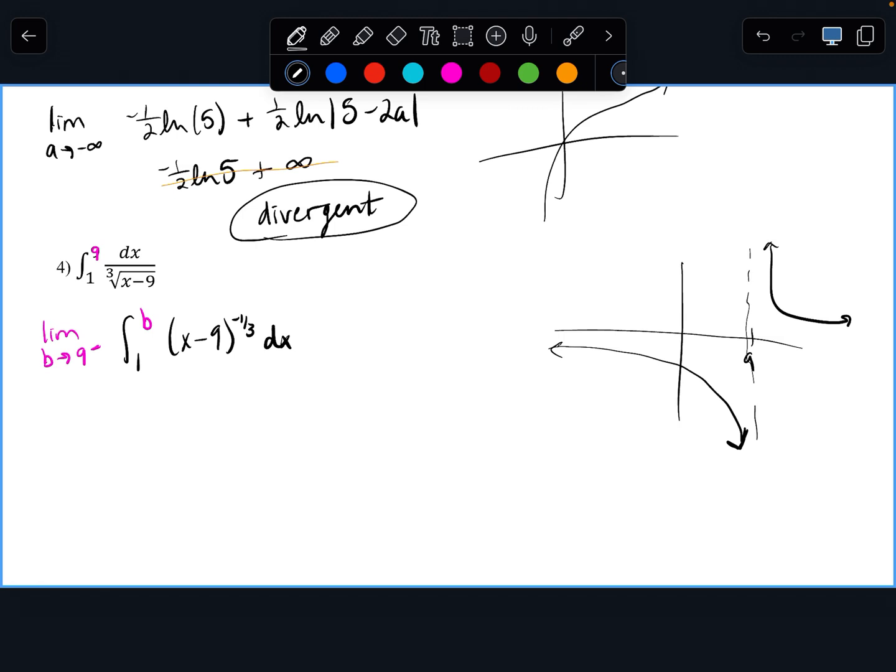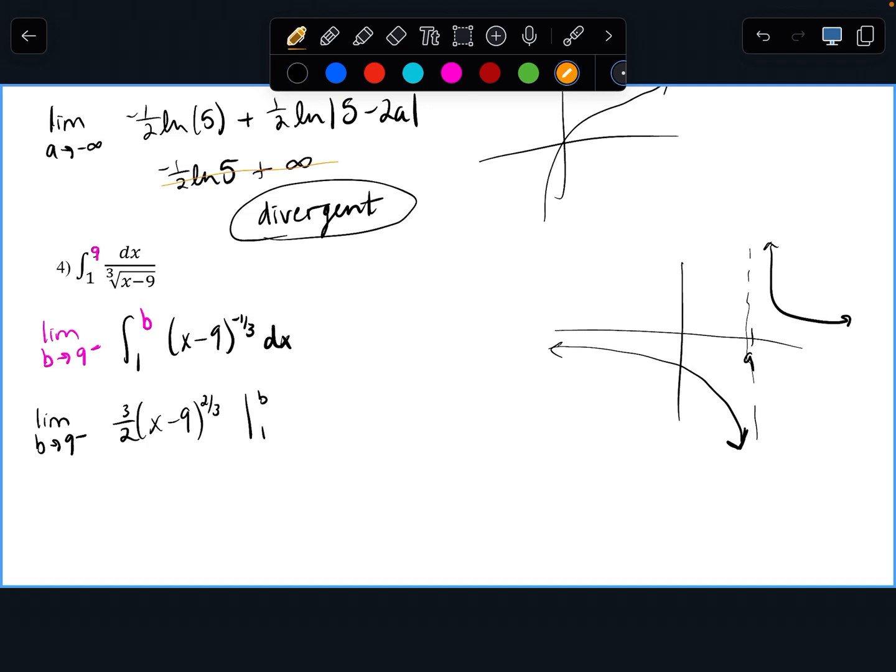So I just rearranged it. And when I do the antiderivative, rewrite the limit for the 80th time, I'm going to add 1 to the power, so it'd be 2/3, and multiply by the reciprocal, from 1 to b.